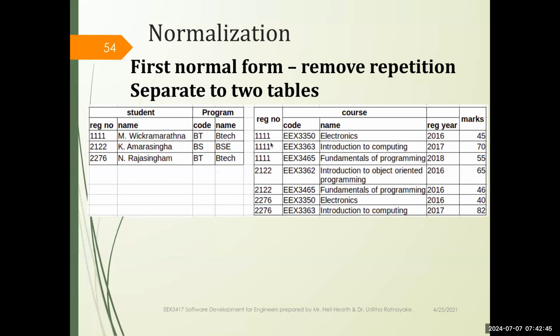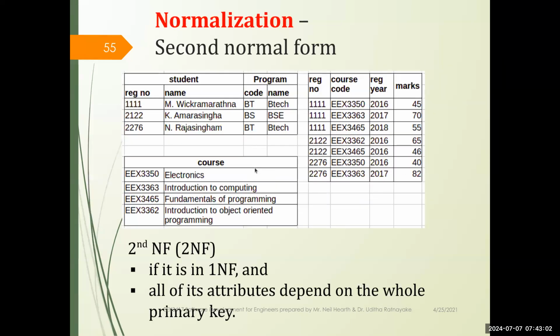Registration number, we can include registration number here. Registration number 1111. Course code is this one. But here also course code is repeated again. This should be the second normal form.